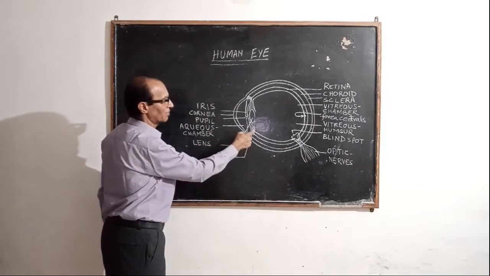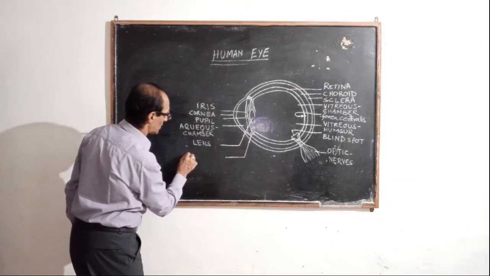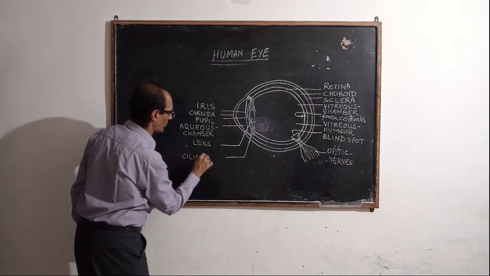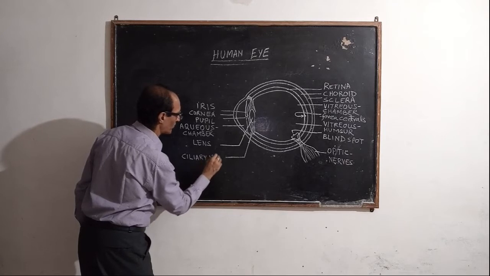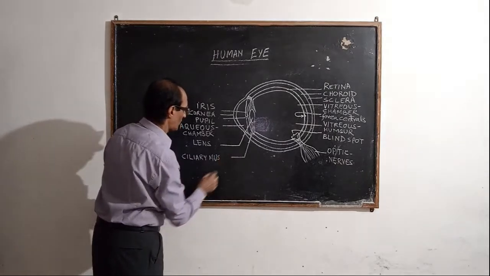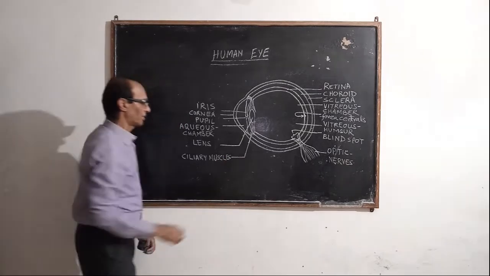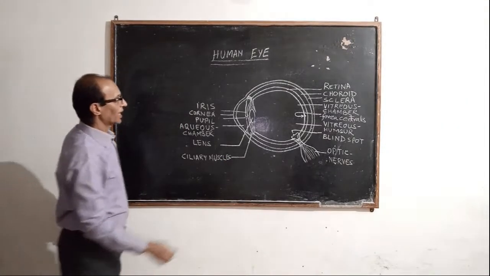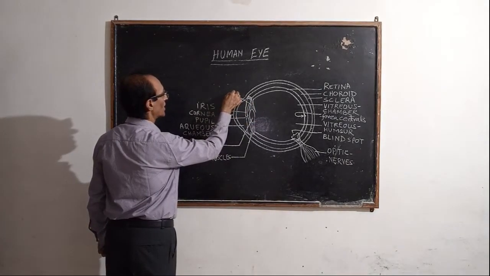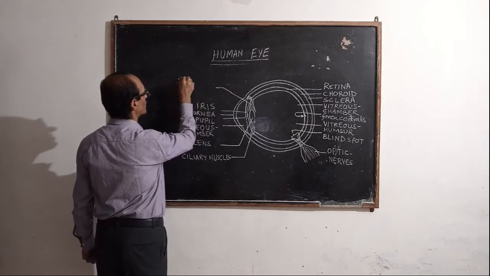Then these muscles at the base of the suspensory ligament are the ciliary muscles. Ciliary muscles, right? These thread-like structures are referred to as the suspensory ligament.